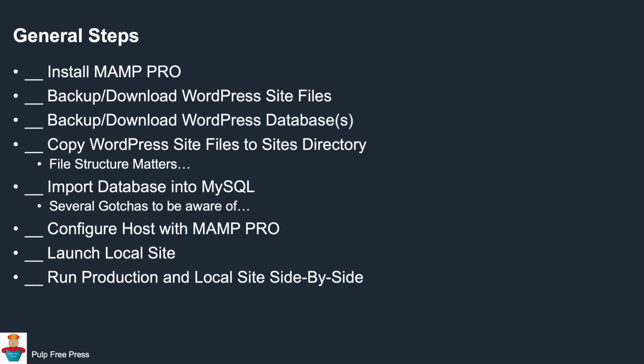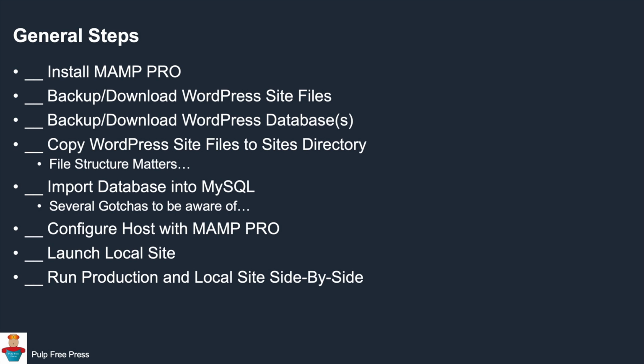Then we backed up and downloaded the database files, copied the WordPress files to the site directory, and you have to consult the documentation for MAMP to figure out where to put those at. On a Macintosh, it is your users directory / sites folder. Then you import the database into MySQL.